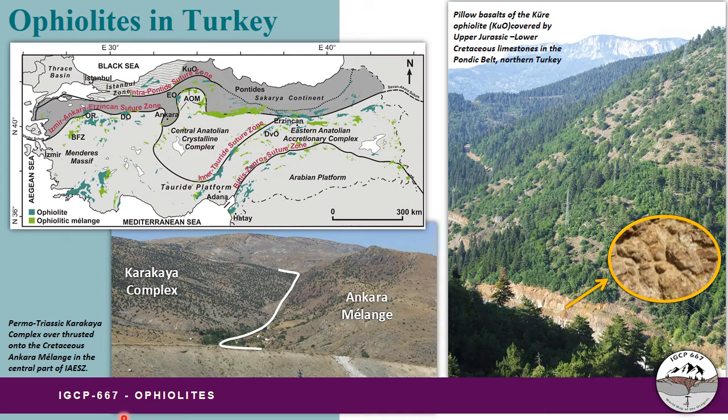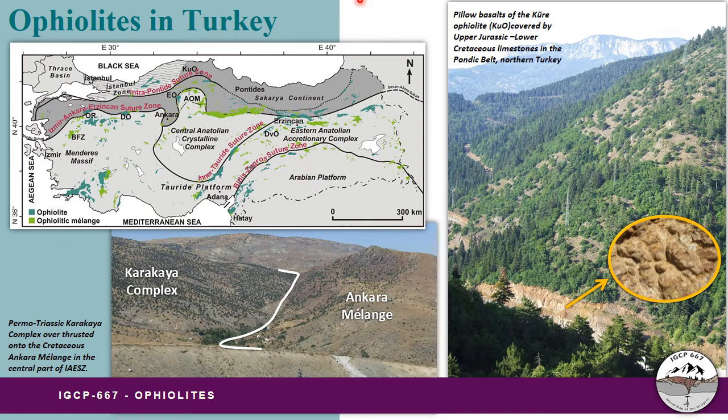In Turkey, the orogenic belts associated mainly with continent-continent collision are observed, and minor arc-continent collision types, for example the Kure ophiolite. Here, pillow basalt of the Kure ophiolite is covered by Upper Jurassic-Lower Cretaceous limestone in the Pontide Belt, northern Turkey. Pontide Belt here.